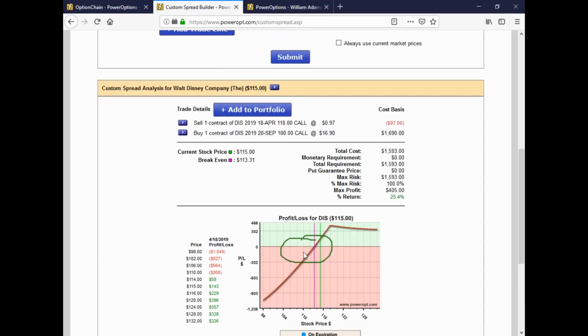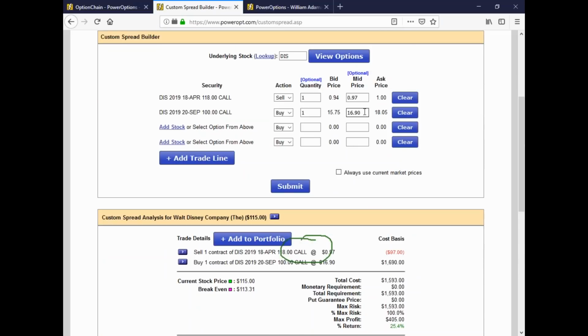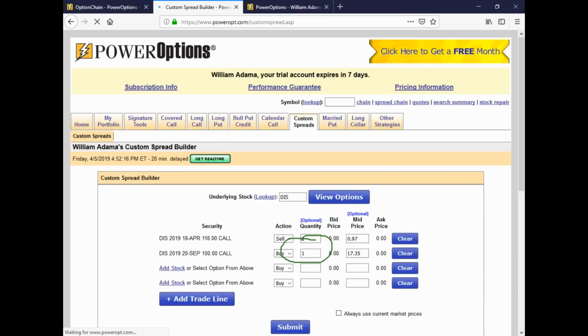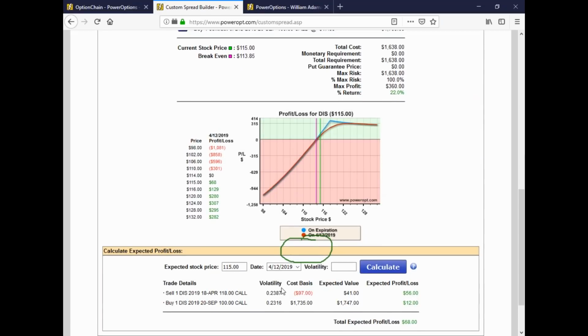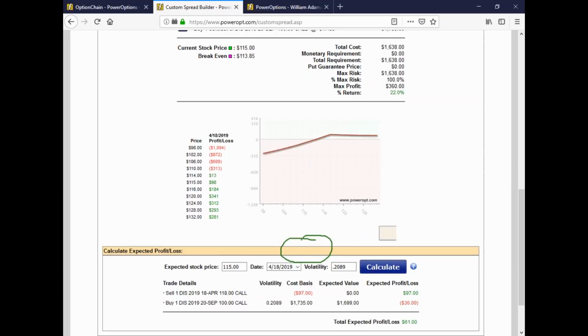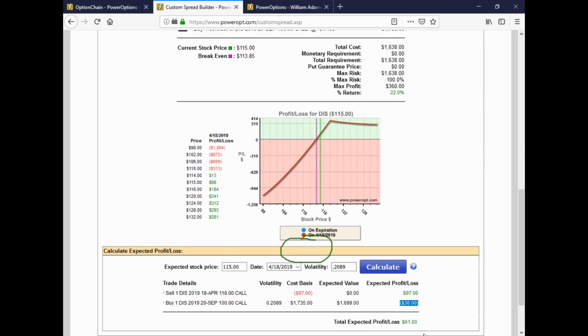And remember, with this bid-ask spread, I'd probably end up paying $17.30, $17.35. It's going to change the spread a little bit, drop it down to 22%. But of course, now if the stock stays the same and I hold it to April 18th, the short-term expiration, that's what I'd expect.